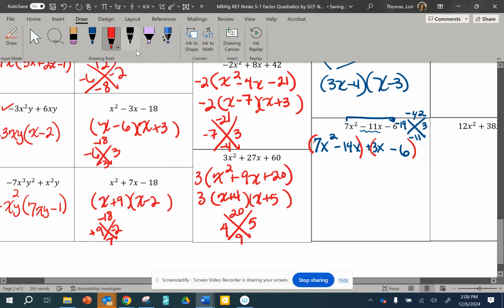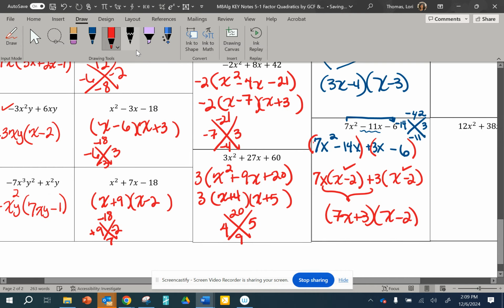We're going to factor the GCF, so we can factor out 7x from the first two terms. We have a positive 3 to factor out. Check, check. So we're going to write 7x plus 3 as one factor, and then x minus 2 as our second factor.